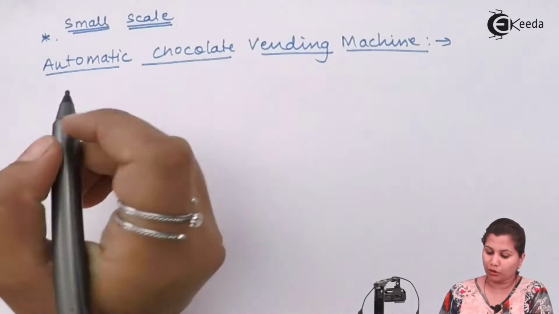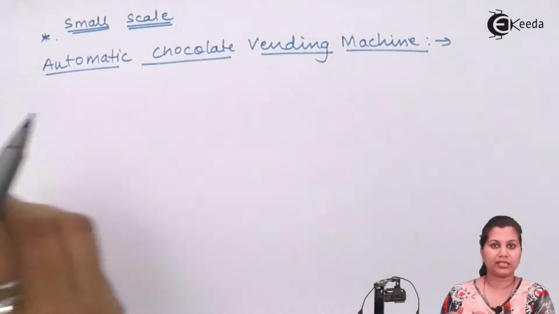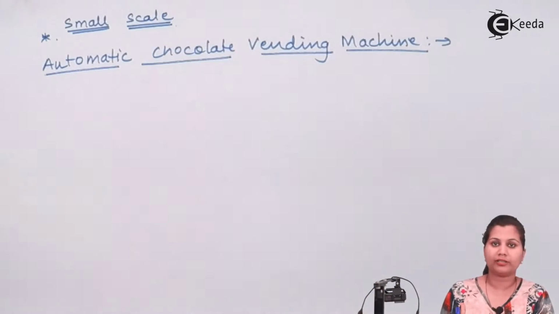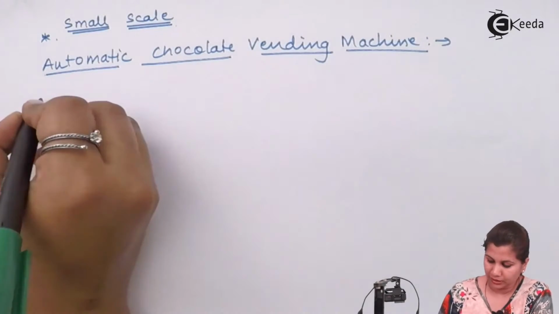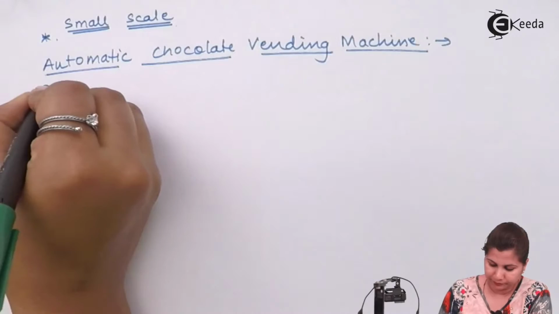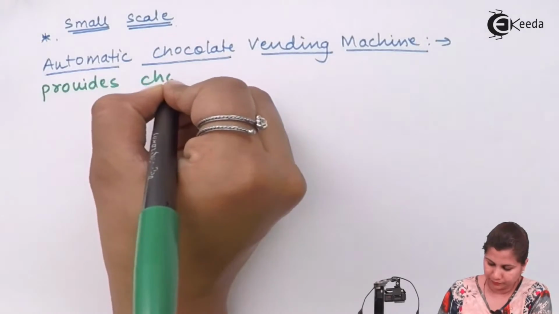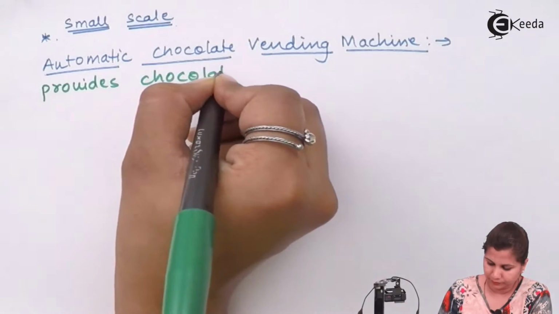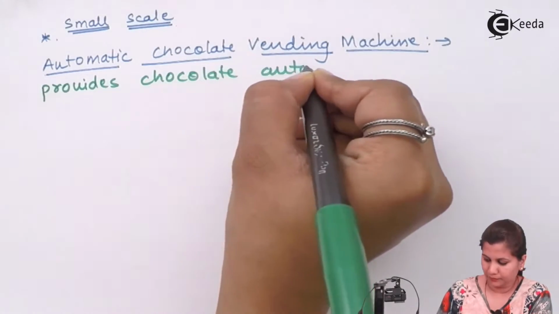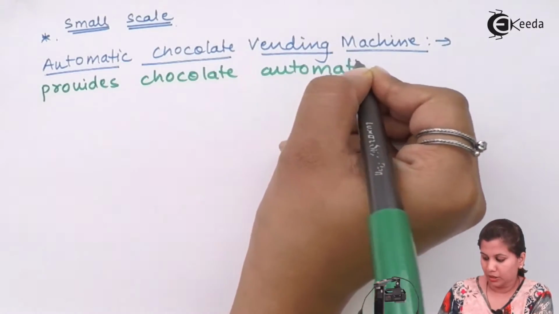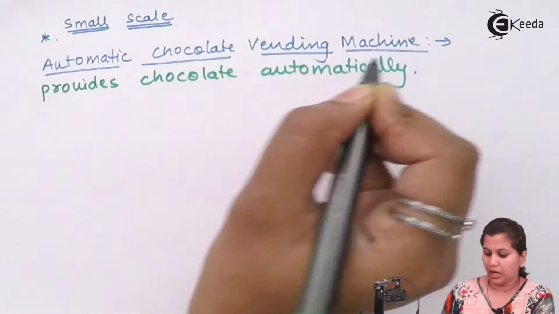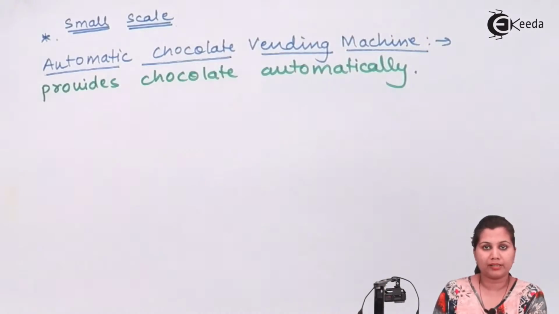So the automatic chocolate vending machine provides chocolate automatically. Now this is a type of embedded system.